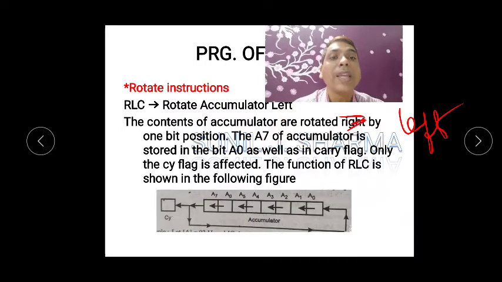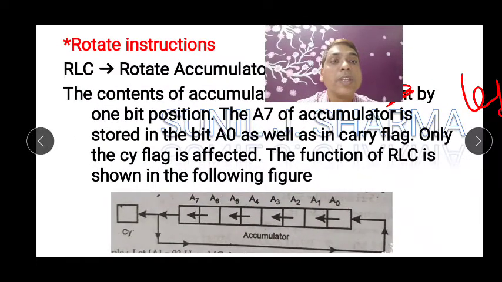The value A7 is given to both carry as well as to A0, and every bit is shifted towards the left side. Only the carry flag is affected. This is the function of RLC. Only one problem was there: instead of right, it will shift to left.